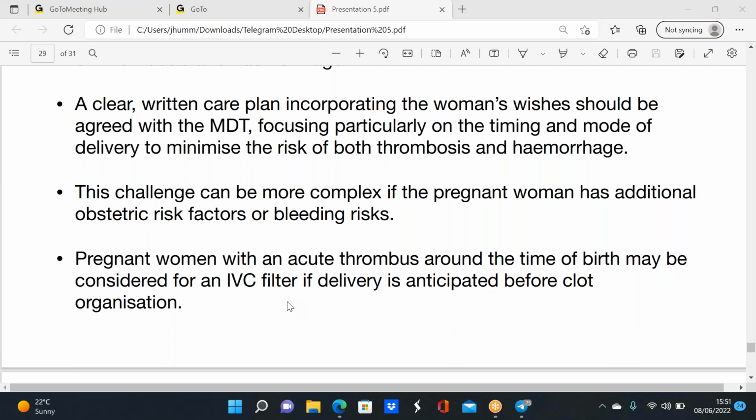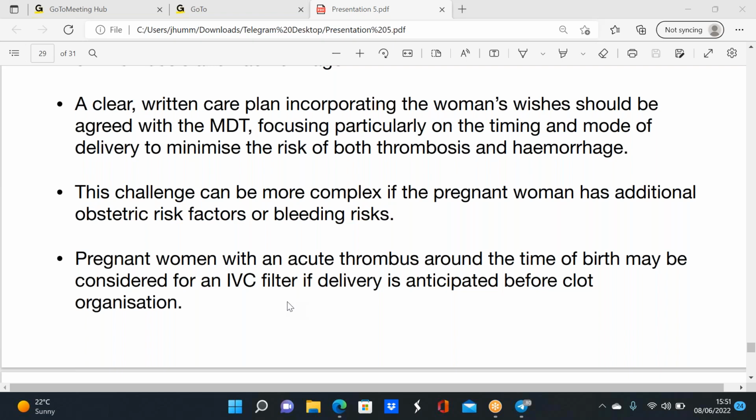Are you getting my point? The way we do uterine artery embolization, that is also done by a very fine cannula placed through the vein, and at some point we drop an embolus. Similarly, in the inferior vena cava, we put a filter.